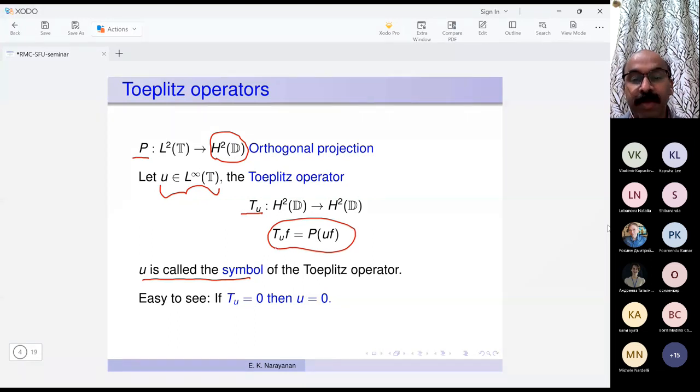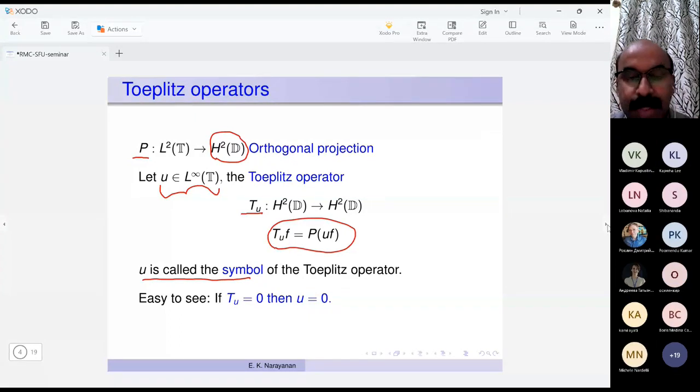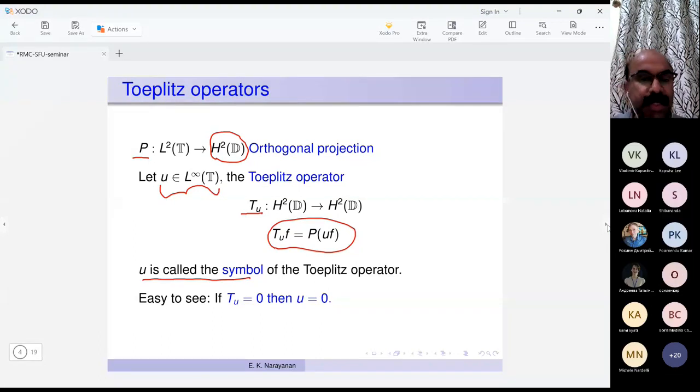So u times f is an L2 function, and you project it to your Hardy space. That is a very simple operator, and because the Hardy space is a reproducing kernel Hilbert space, one can actually write it as an integral operator and so on. I'll try to avoid technicalities as much as possible.